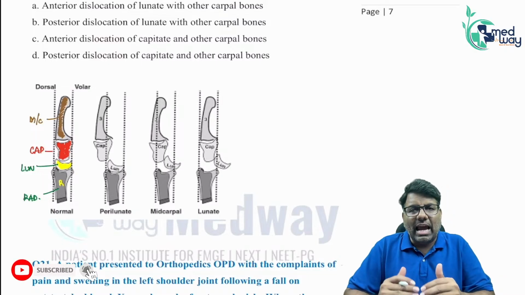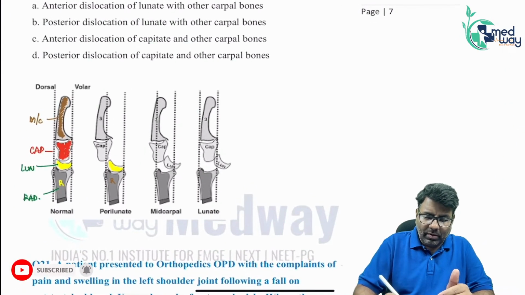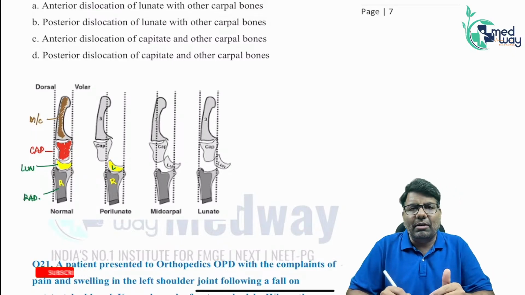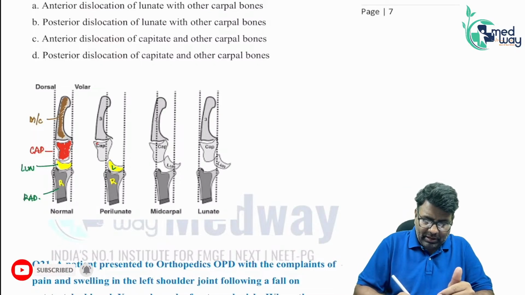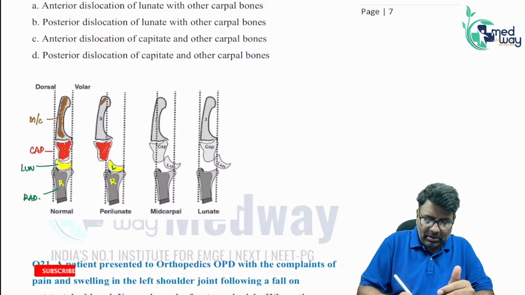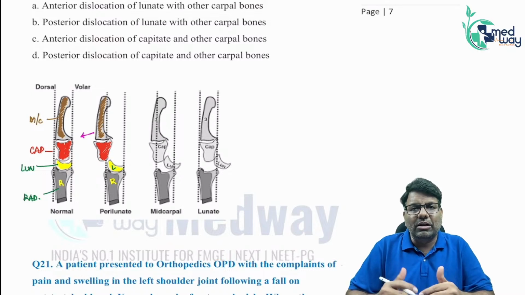The radius and the lunate bone are still in alignment, but distal to that, the capitate and the metacarpals along with that, everything moves backward, meaning posteriorly or dorsally.